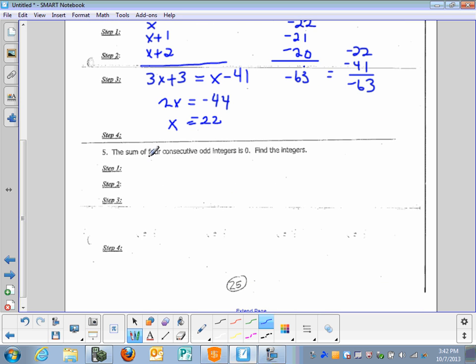The sum of 4 consecutive odd integers is 0. The first one's x, the second one is x plus 2, then x plus 4, and x plus 6.